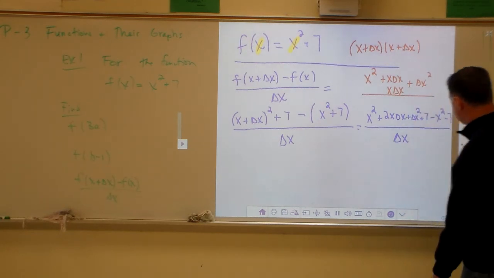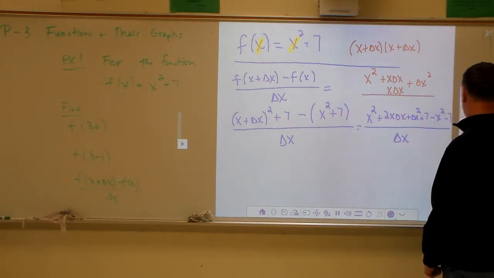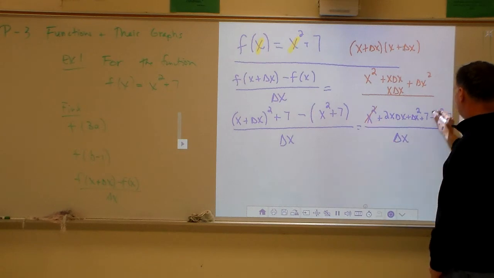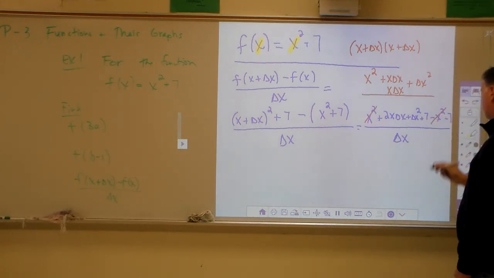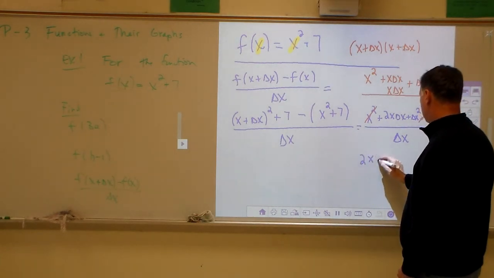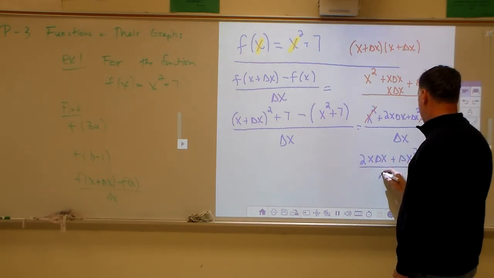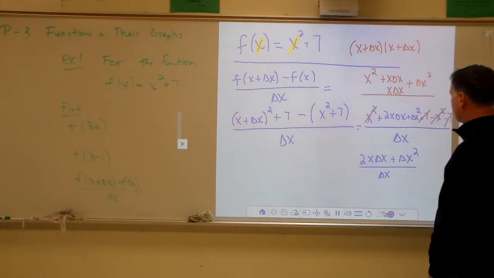Plus 7. Okay. So now we cancel what we can. x squared and negative x squared cancel. 7 and negative 7 cancel. So I'm left with 2x delta x plus delta x squared, all divided by delta x.